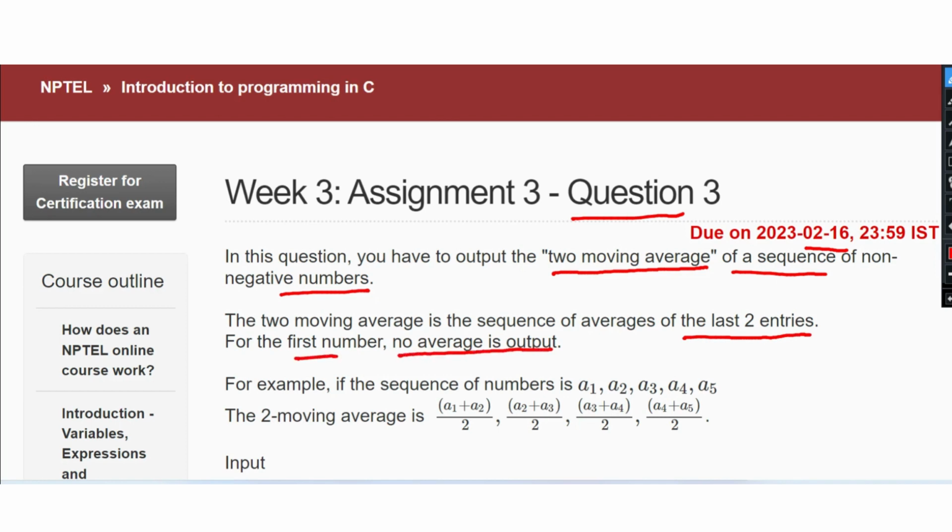For example, if you give the sequence A1, A2, A3, A4 and A5, then the two moving average is (A1 plus A2) by 2, (A2 plus A3) by 2, (A3 plus A4) by 2 and (A4 plus A5) by 2. That is the input you have to give.